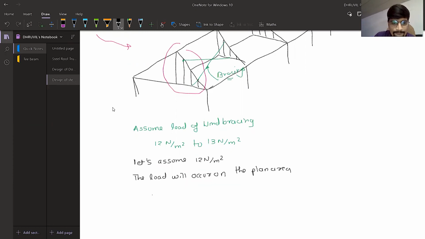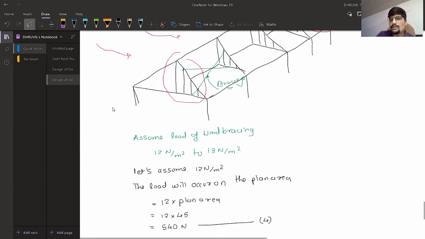That's why 12 into plan area, which is 12 into 45. So the answer will be 540 Newton. This is the fourth one.